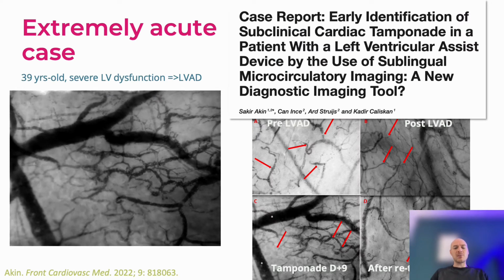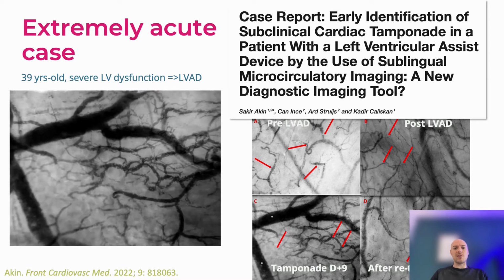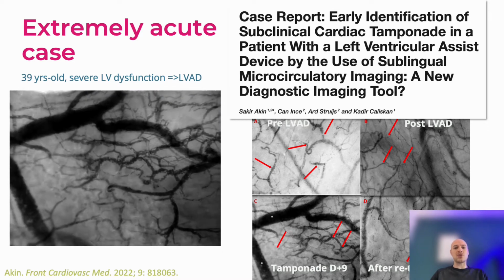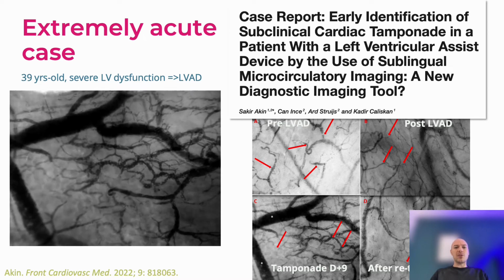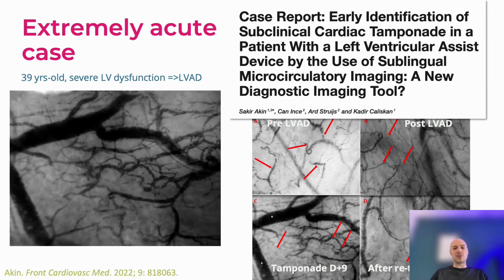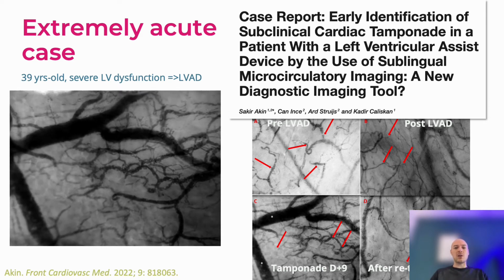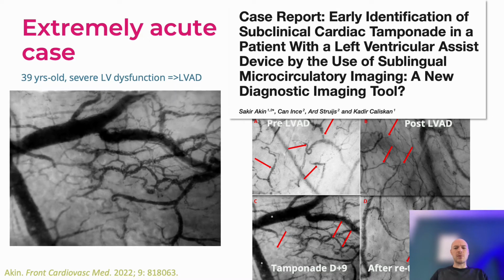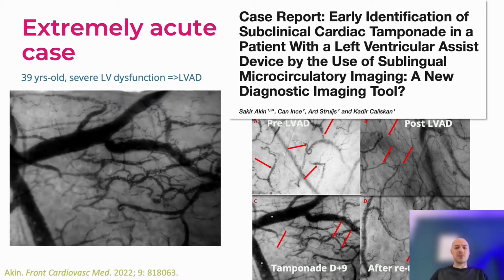There are some extreme cases in the literature on the consequences of a steep increase in venous pressure. This is the story of a 39-year-old man with a severe left ventricular dysfunction in whom an LVAD, a HeartMate 3, as I remember, was implanted as a bridge to transplantation.